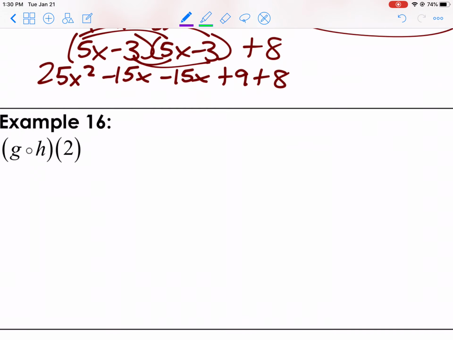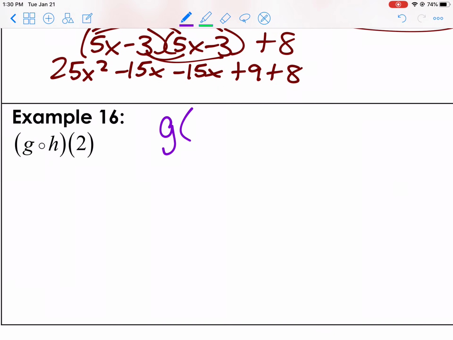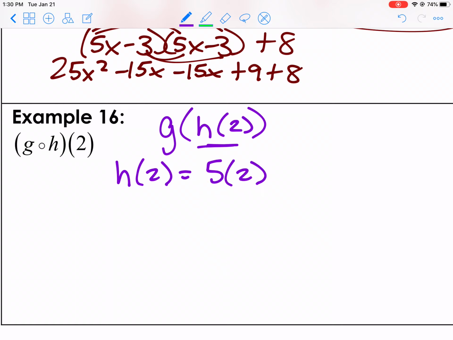Okay, 16 has a slight difference. They have said instead of x, we want you to find g of h of 2. Start on the inside. Let's find h of 2 first. So h of x was 5x minus 3. H of 2 is going to be 5 times 2 minus 3, which is 10 minus 3, so it's 7.